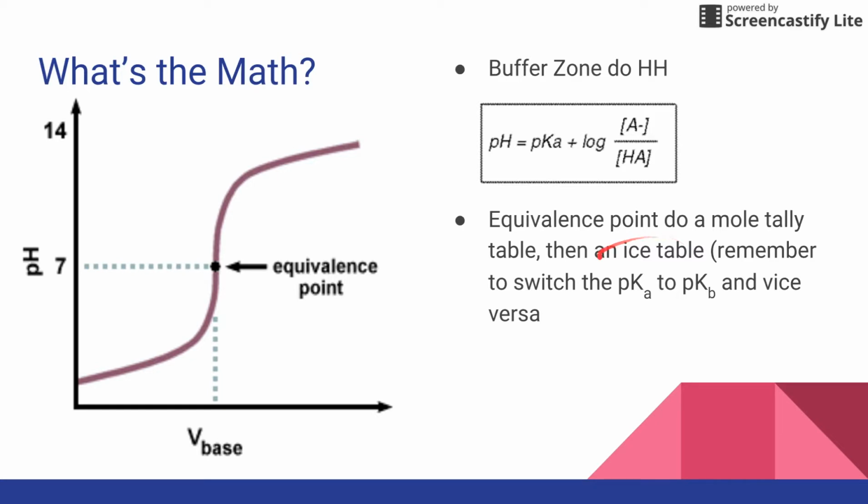With molarity you use the ICE table. With the ICE table, you're going to want to switch, because this is an acid concentration, they're going to give you pKa, but as soon as you have to flip the mole tally table into an ICE table, you're always going to have to switch your pKa into pKb if you start with an acid, and with that you should be able to find the concentration of the original substance.